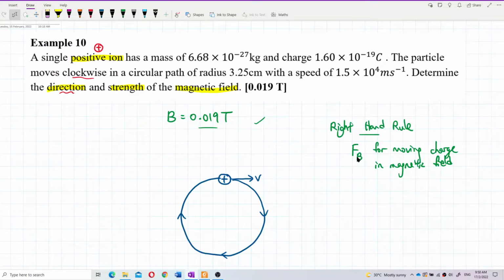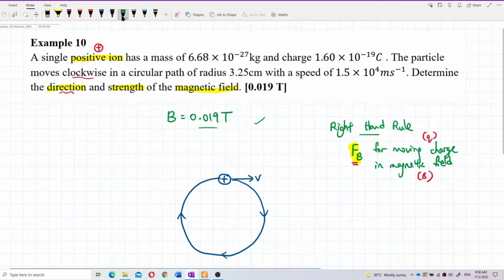Why is it a force? Because this positive ion moves in a circular path. Why does it move in a circular path? Because it has centripetal force.